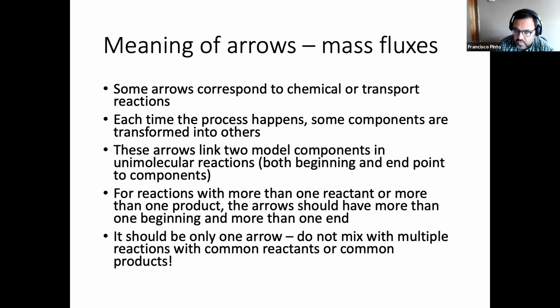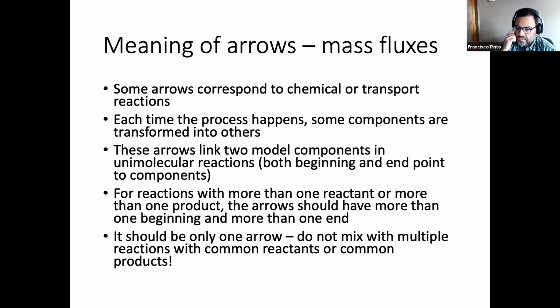Some of those arrows are mass fluxes, so they correspond to chemical reactions or transport of a component between different compartments of the model, so chemical or transport reactions. So each mass flux, each arrow that corresponds to a mass flux, is going to have a rate expression.